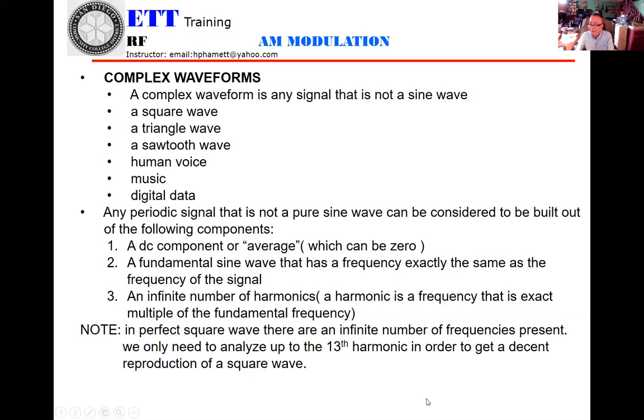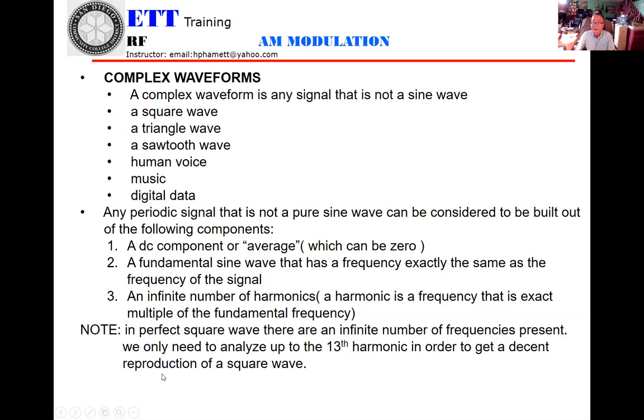Second, a fundamental sine wave that has a frequency exactly the same as the frequency of the signal. Third, an infinite number of harmonics. A harmonic is a frequency that is an exact multiple of the fundamental frequency.